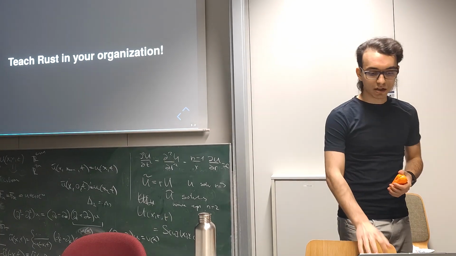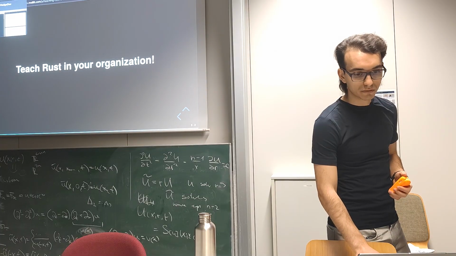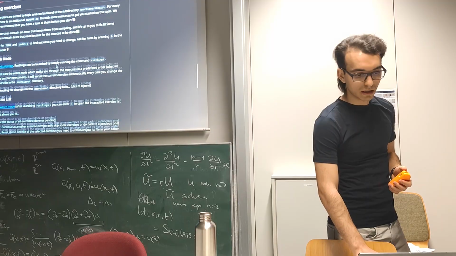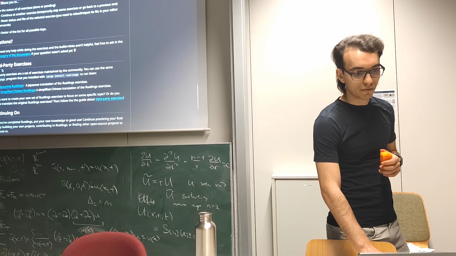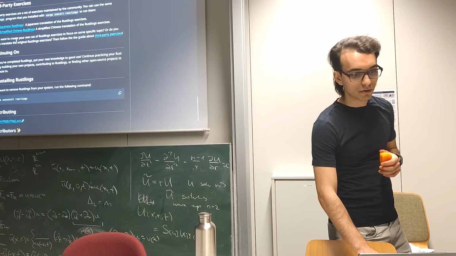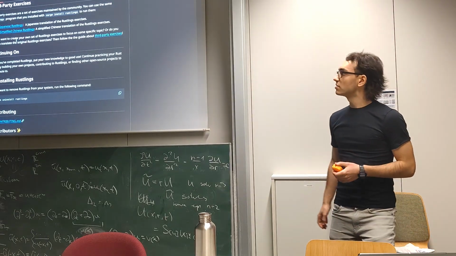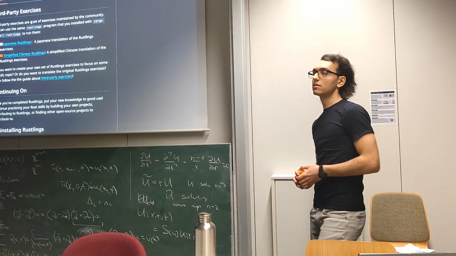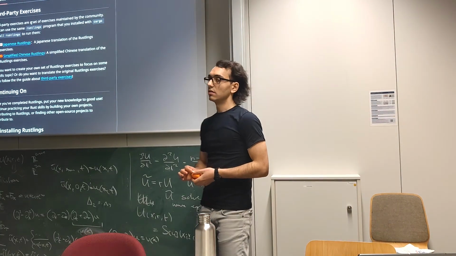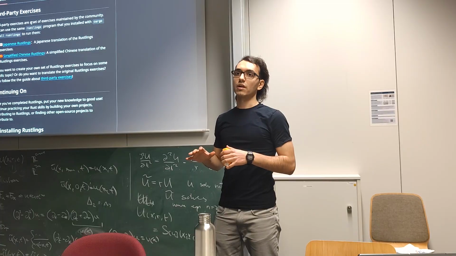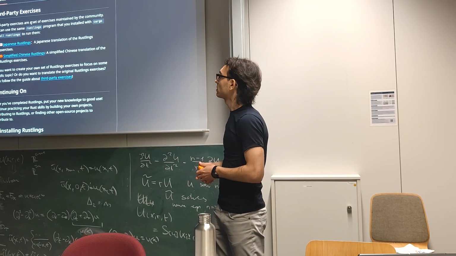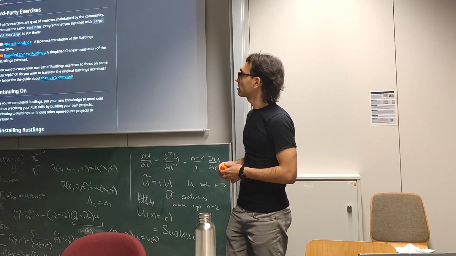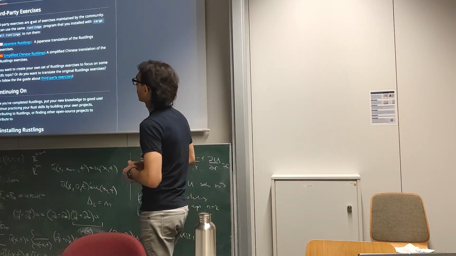And what I should mention at this point is the support for third-party exercises. This is something that I have worked on and I'm very proud of. So you can use Rustlings to create third-party exercises, and you basically use the same program which you installed. Just run Rustlings on the third-party exercises, and then you can work through them.